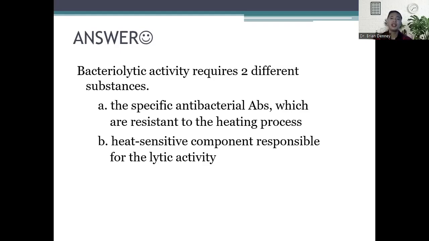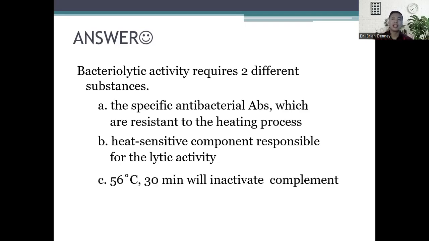But after you added fresh anti-serum, there was lysis. In other words, originally, there were components in the anti-serum used by Bordet which were destroyed by the heating process. Thus, the heat-sensitive component is also responsible for the lytic activity, since upon addition of another fresh volume of serum, there was lysis.